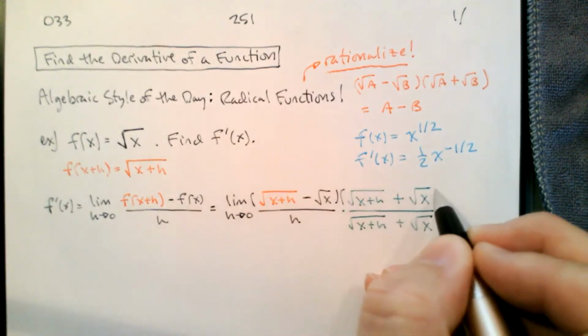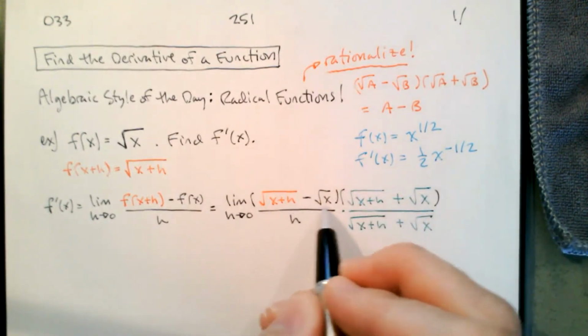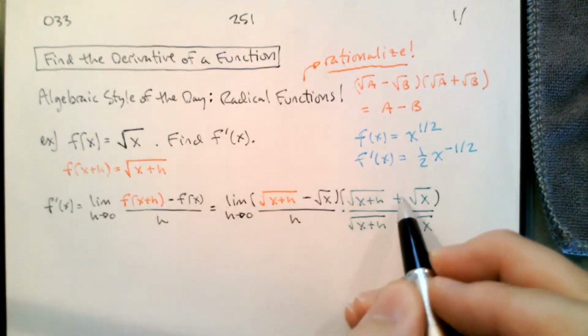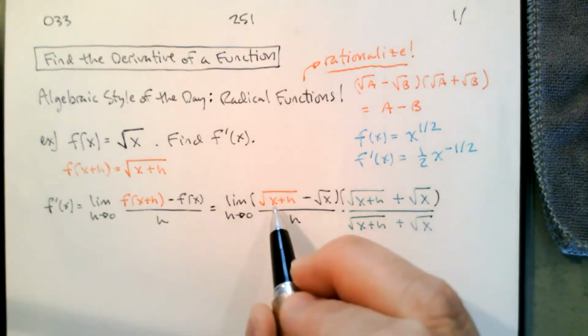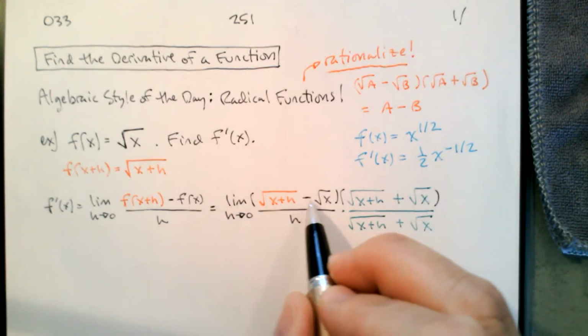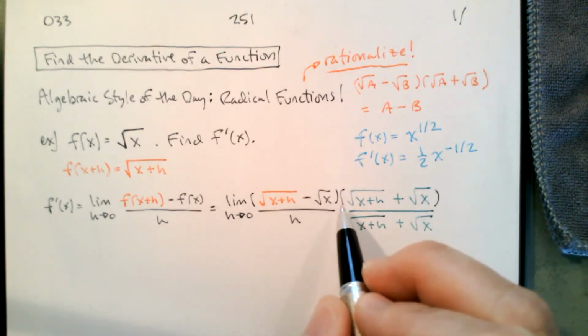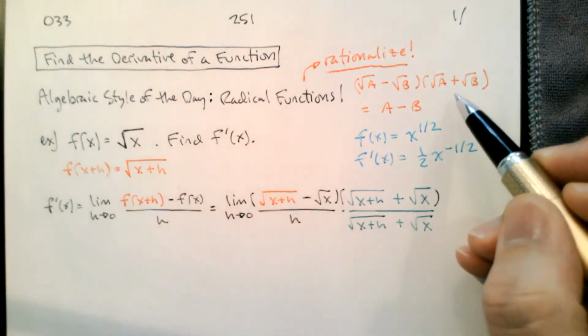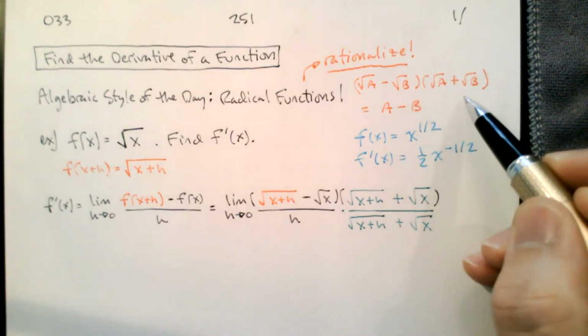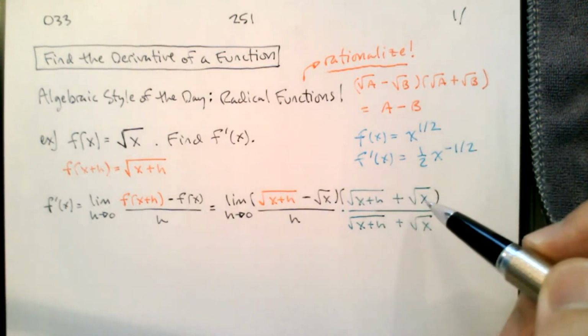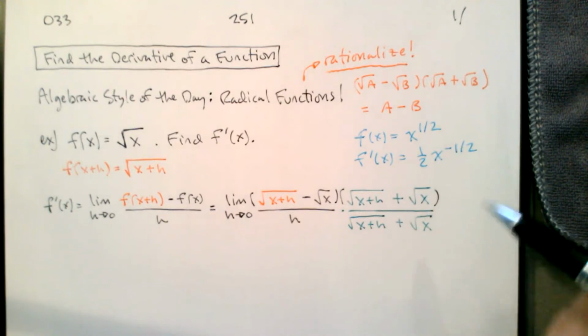is that when I multiply the square root of x plus h minus the square root of x times the square root of x plus h plus the square root of x, I end up with the square root of x plus h squared minus the square root of x squared. I'm just looking at the factorization of the difference of squares. Since all the terms are square roots, I'm going to cancel out the square roots.